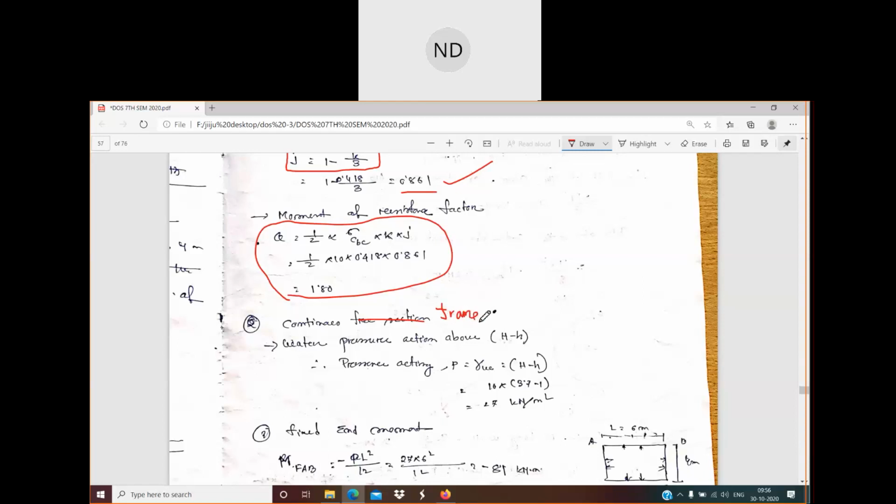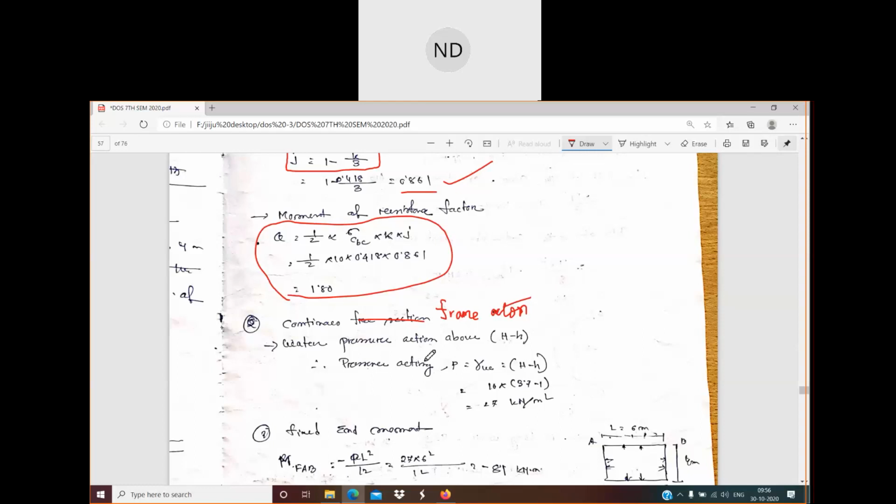Because our top portion should be designed as a frame. So, continuous frame action.